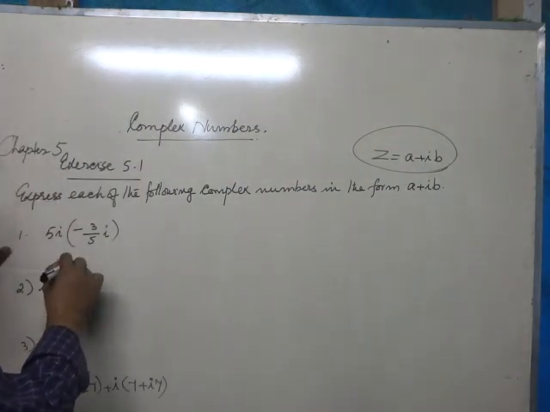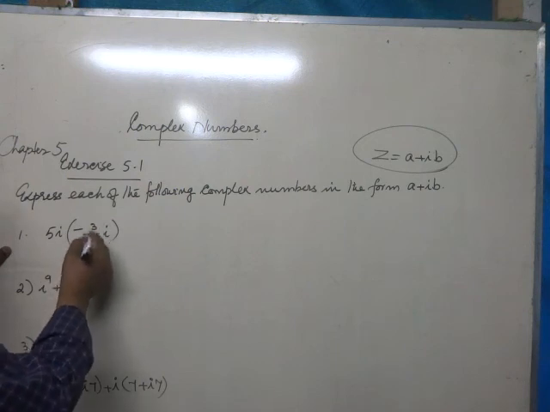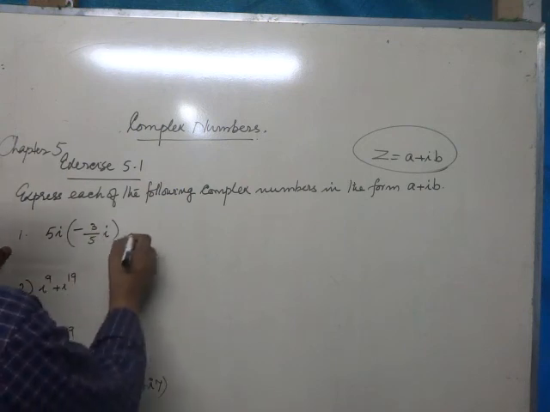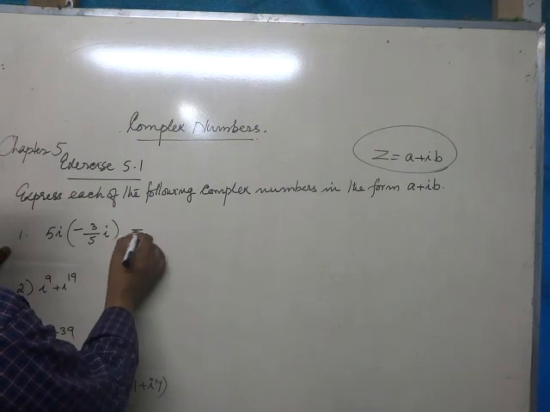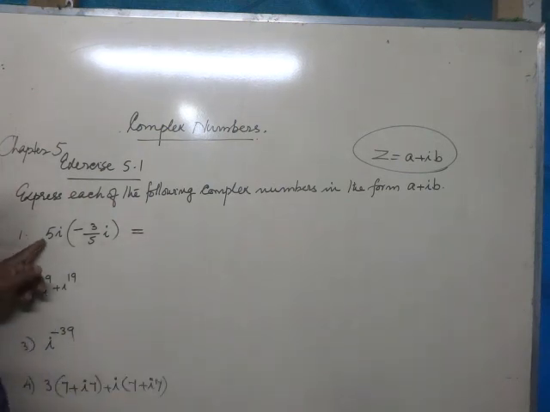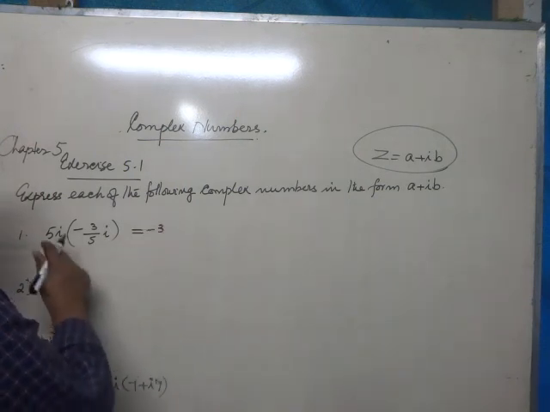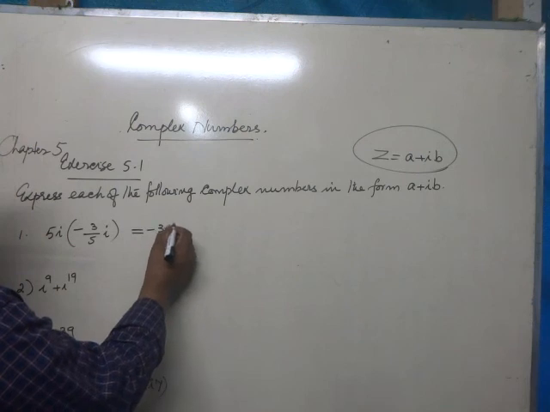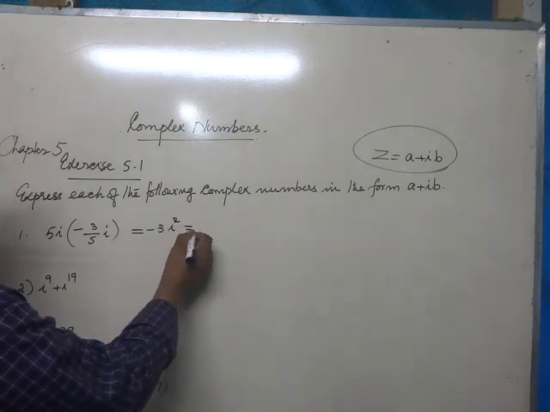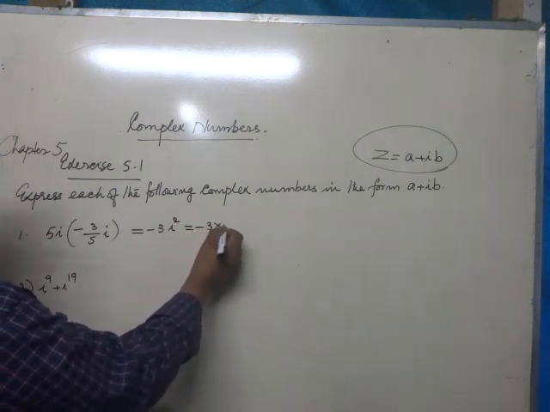5i into negative 3 by 5i. See, 5 multiplied by negative 3 by 5 is negative 3. i into i is i square. That is equal to negative 3 into negative 1.